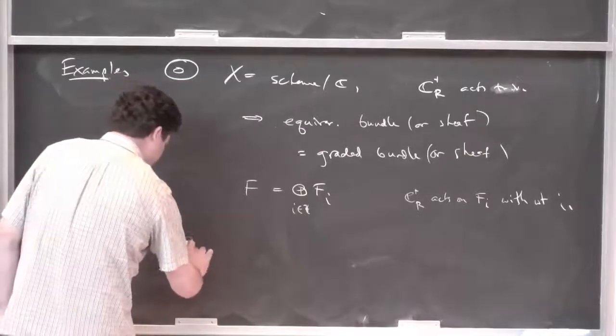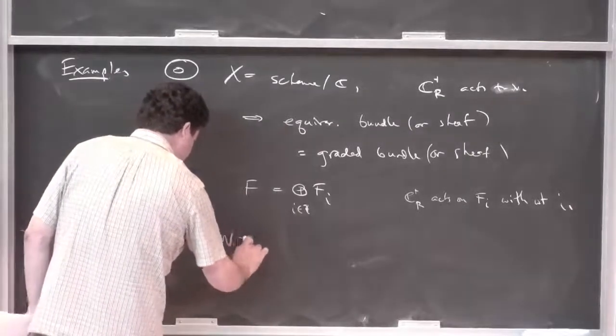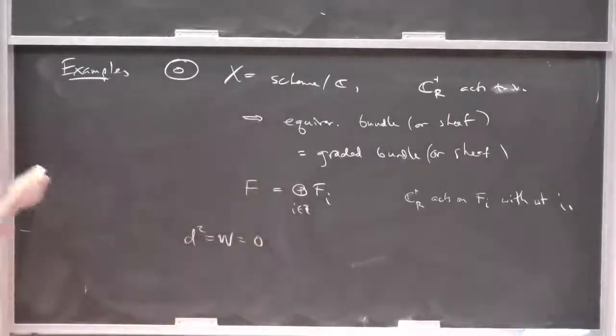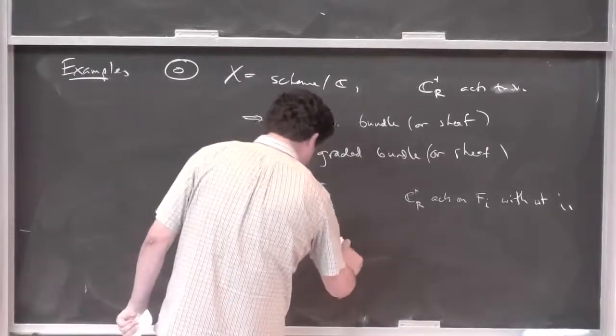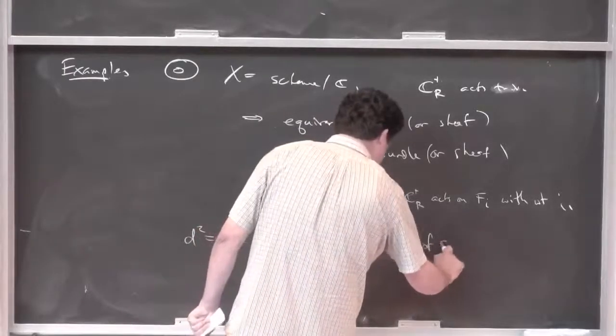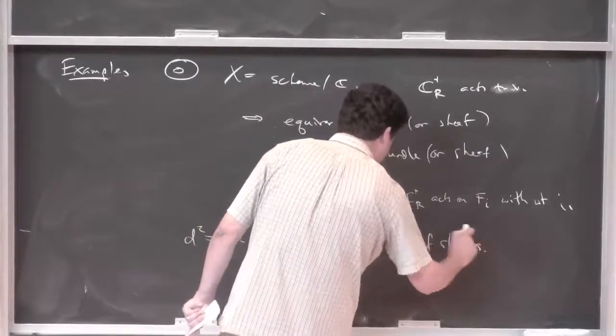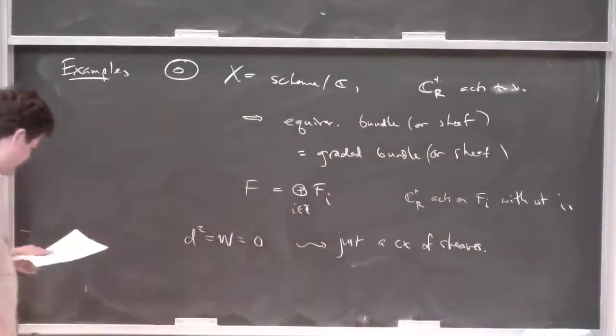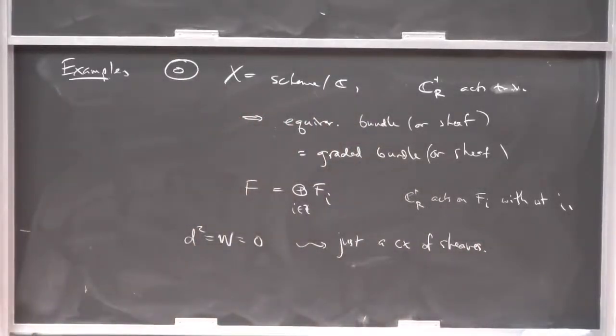D squared is W, and we said W is 0, and D is a map of weight 1, so we just have a complex of sheaves. Just a complex of sheaves. Right, so there's absolutely nothing mysterious about that example.